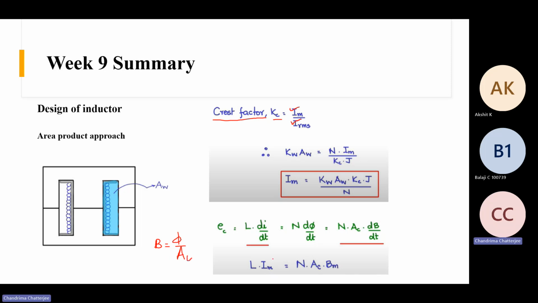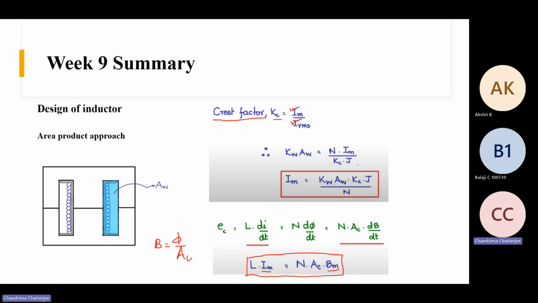That only we are replacing, so this becomes dB by dt. So if you just remove the differential from both sides, this becomes L Im equal to N AC into Bm, where Bm is the peak flux density and Im is the maximum current. So this is another equation.